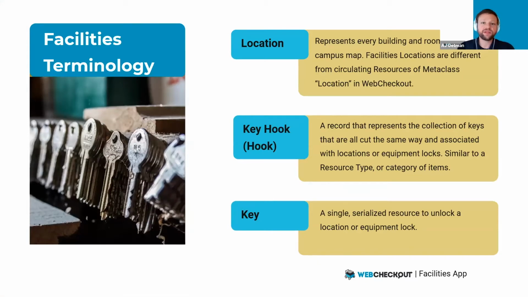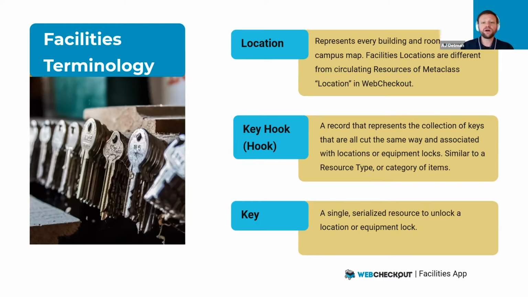Now, let's begin with a few facilities key terms that we'll be going over today. Location. This represents every building and room on a campus map. Facilities locations are different from circulating resources of a meta-class location in WebCheckout.